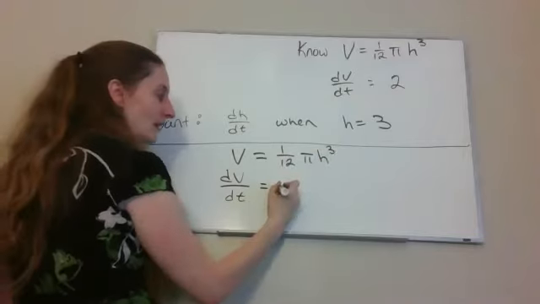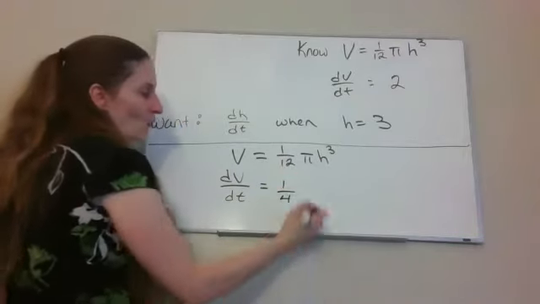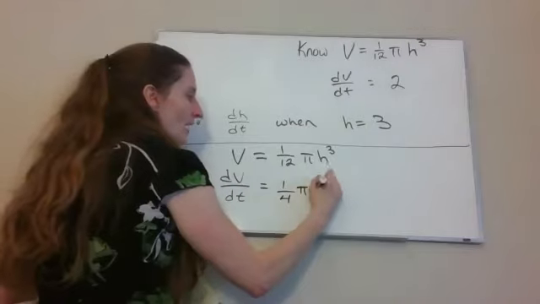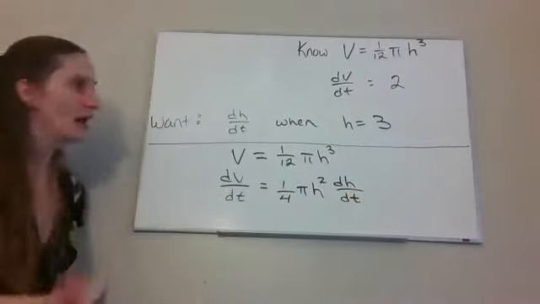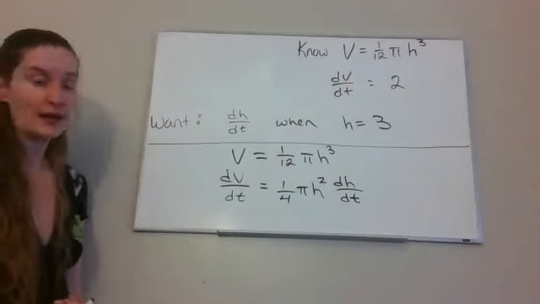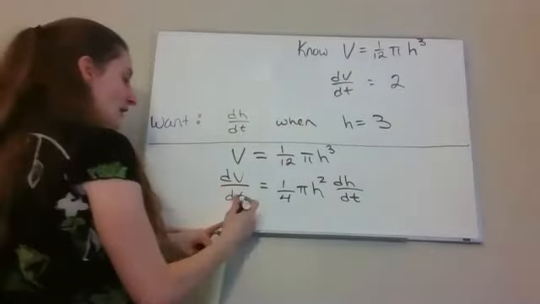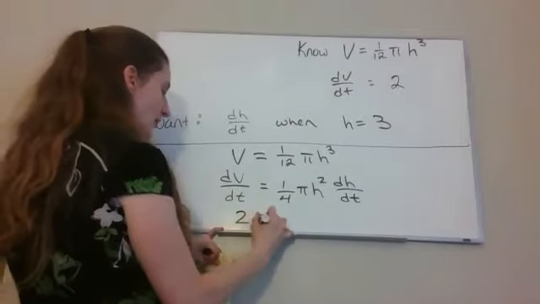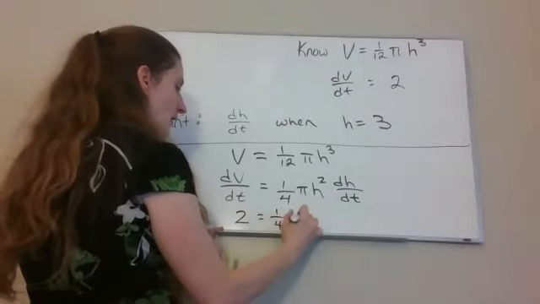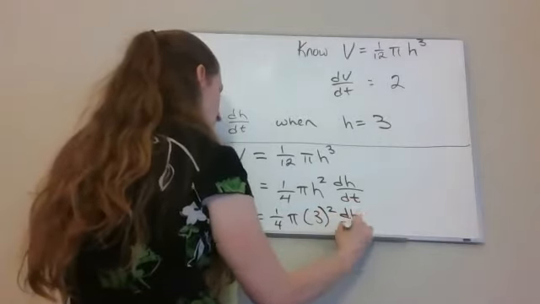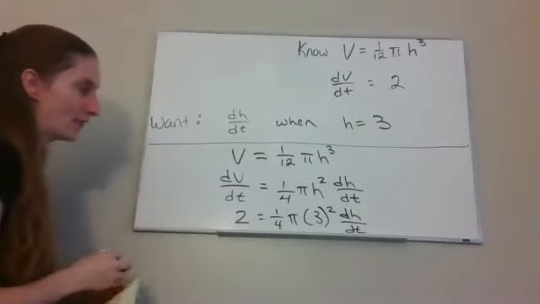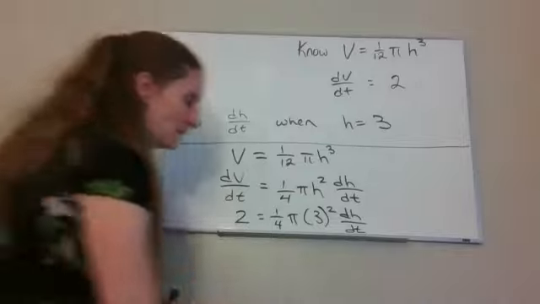When the 3 comes down, multiplies to get 1/4 pi h squared dh/dt. And now I'm ready to plug in all of my information. dV/dt is equal to 2. My h is 3. And now I can solve that for my dh/dt.